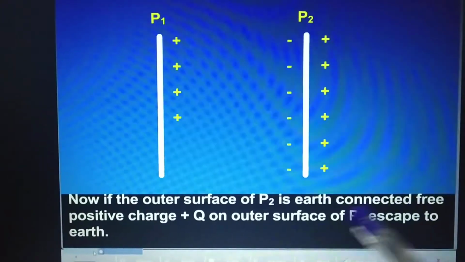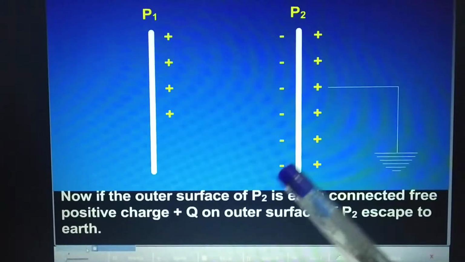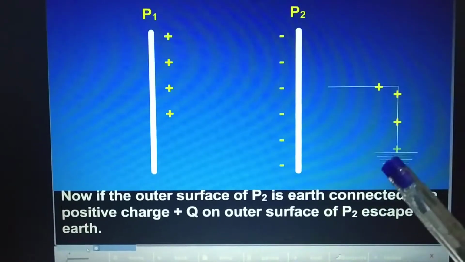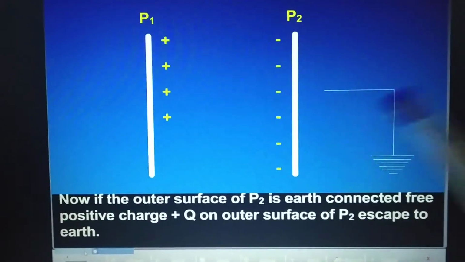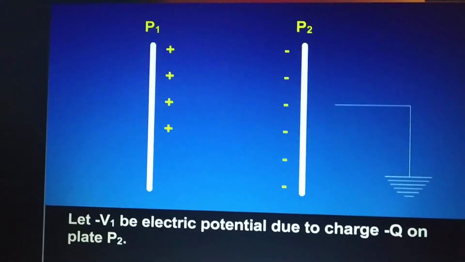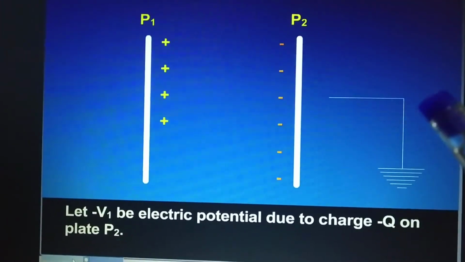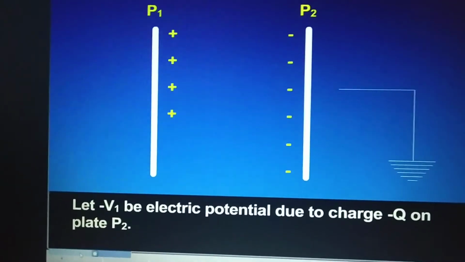Now the outer surface of P2 is earth connected, so the free positive charge plus Q on the outer surface of P2 escapes to earth. Let minus V1 be the electric potential due to charge minus Q on plate P2.